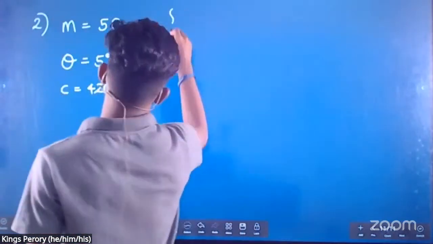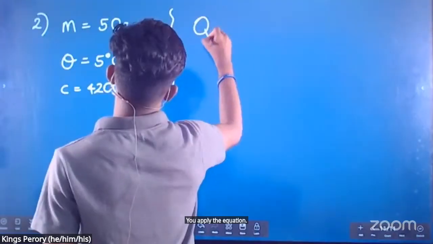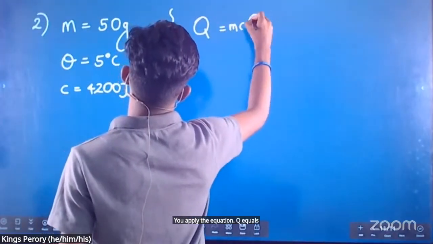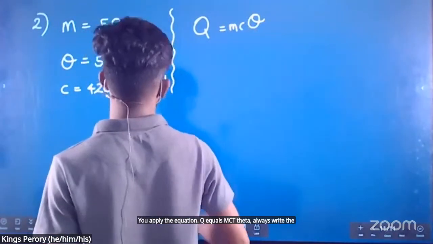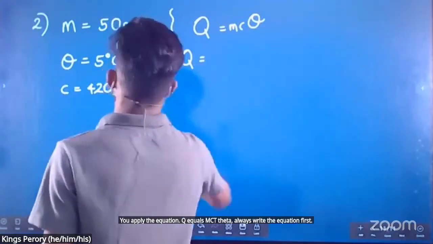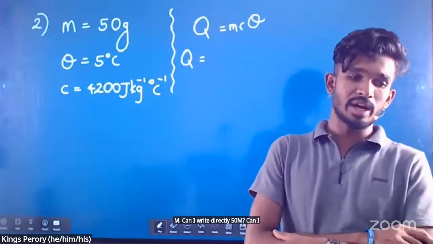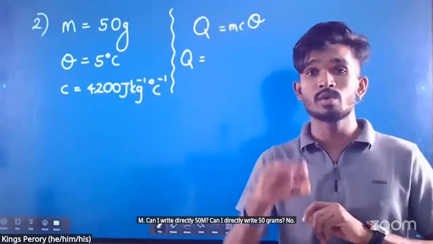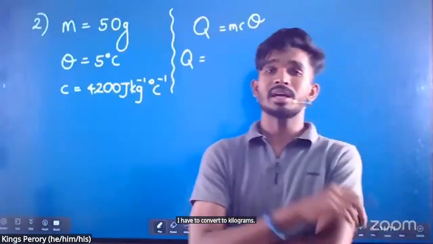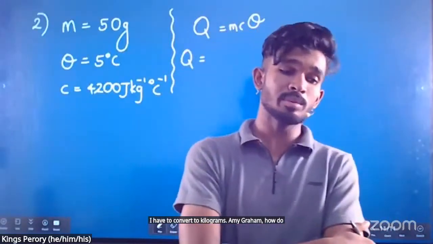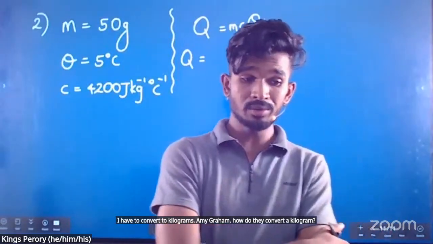You apply the equation Q equals mc theta. Always write the equation first. M: can I directly write 50 grams? No. I have to convert to kilograms. Tell me, how do we convert grams to kilograms? What we have?